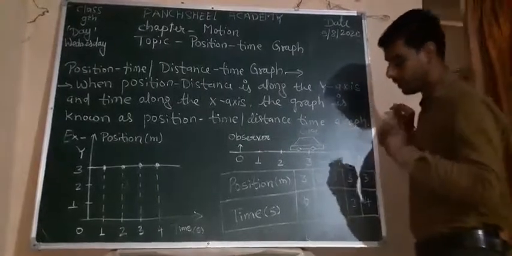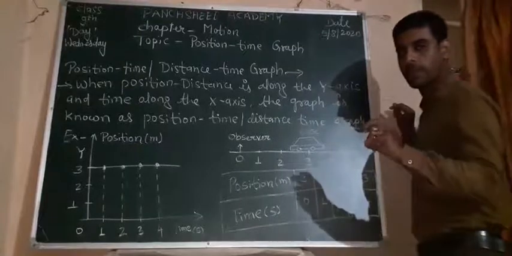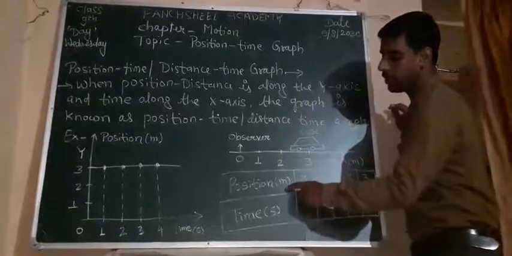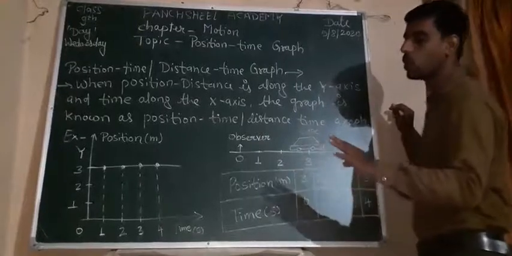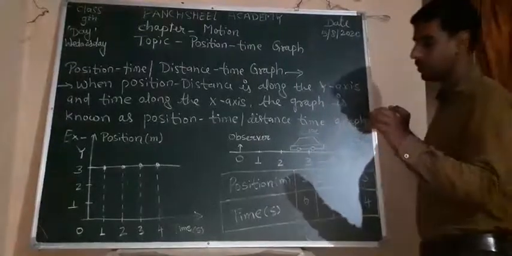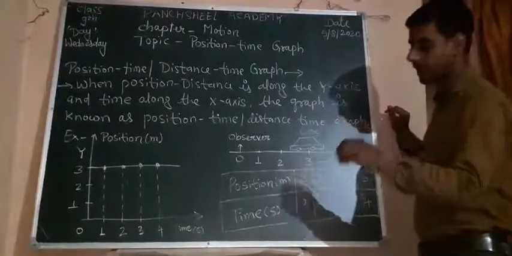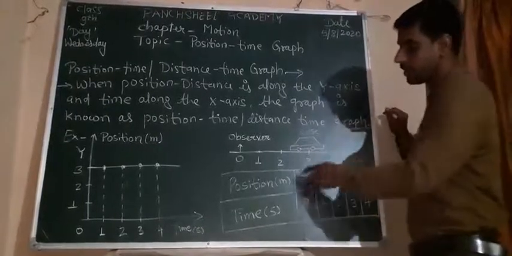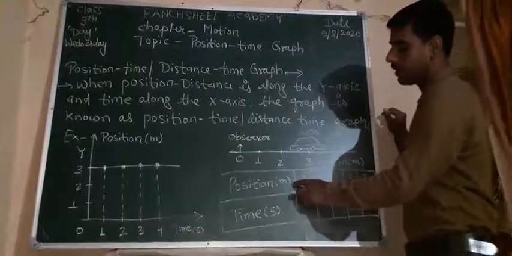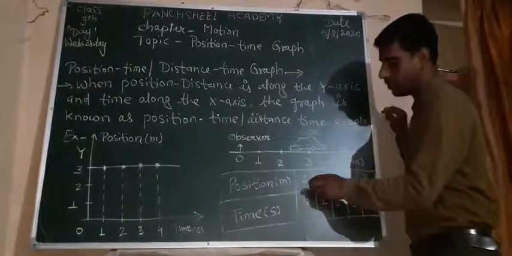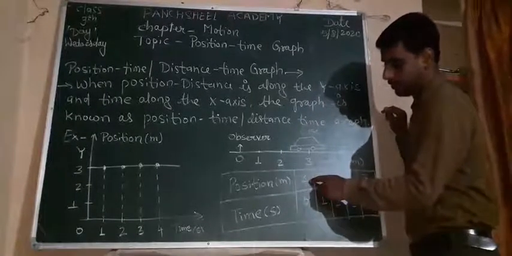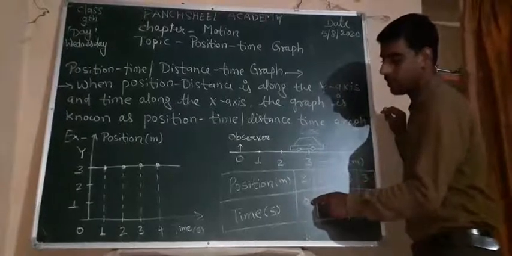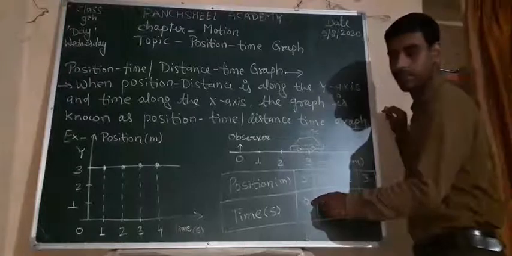So I take some numerical values of position and time, because there are two quantities, position along the y-axis and time along the x-axis. So I take position in meter and time in second. Position 3 meter, what is time? 0.